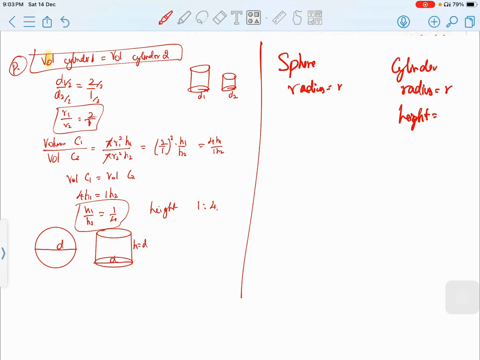Height is equal to diameter, meaning height is 2r. That alone you need to understand. H equals 2r. So they told the volume of the sphere is equal to the volume of the cylinder.